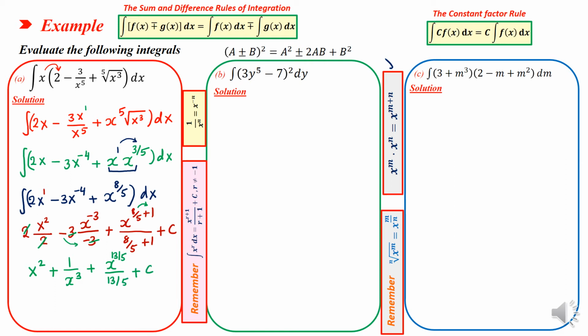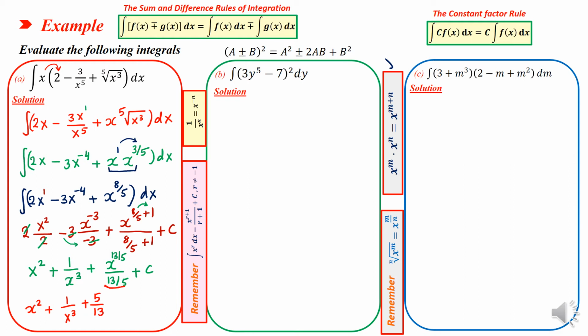Now the last step is to simplify the last term, which is the third term. So the answer will be x squared plus 1 over x cubed, then plus here we have a fraction in the denominator, so you have to put it on the top and you will get 5 over 13.